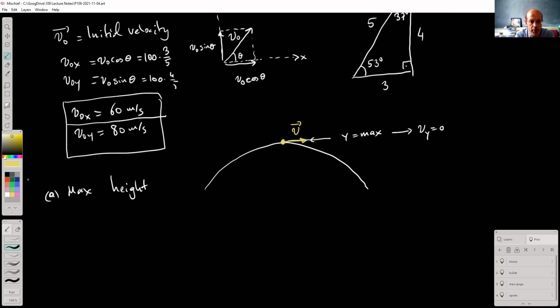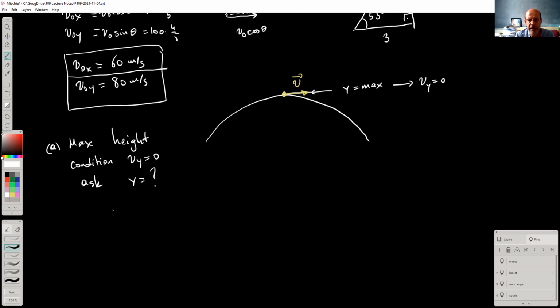So that's our condition then. Vy is equal to 0. And I'm asking for the value of the y coordinate. So what is the value of y when Vy becomes 0? Okay, so we can solve this problem in the usual way. The x component of the motion has nothing to do with this particular question. So as a result, I'm just going to use this equation in here.